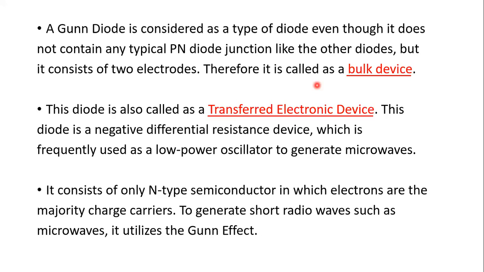What negative differential resistance, and that's why it can be used as a low power oscillator to generate microwave signals.